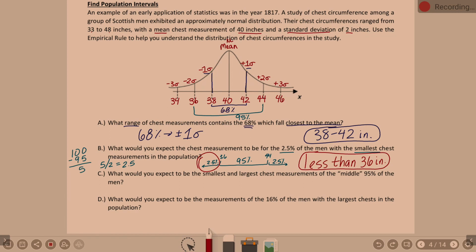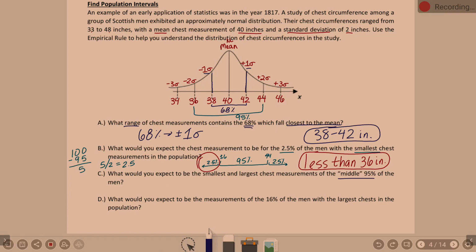What would you expect to be the smallest and largest chest measurements of the middle 95% of the men? This one is a somewhat easy question if you've been following what I've been saying. Even if you've only been able to follow half of what I've been saying, I feel like you should be able to figure this one out. It gives that number, 95%. We talked about 95%.